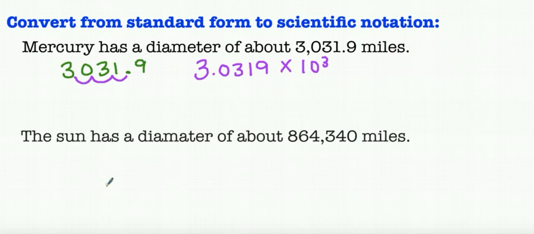All right, so the next one says the sun has a diameter of about 864,340 miles. So the first thing I'm going to do is write out our number. And our decimal goes here, and we would like for it to be between the 8 and the 6.